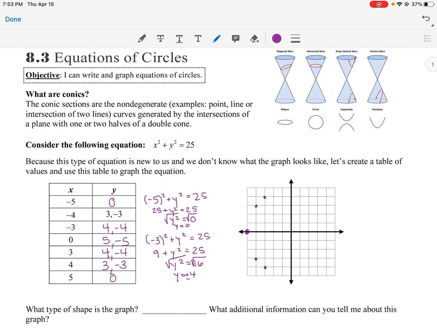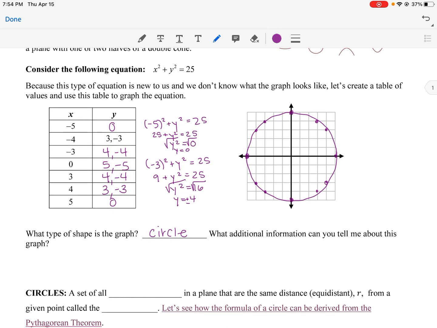When x is 0, we have positive or negative 5. When x is positive 3, we have plus or minus 4. And then we have plus or minus 3 when x is 4, and then we have 5. So you'll notice if we connect these dots, we end up with a circle. All right, so what shape of graph do we get? We got a circle.